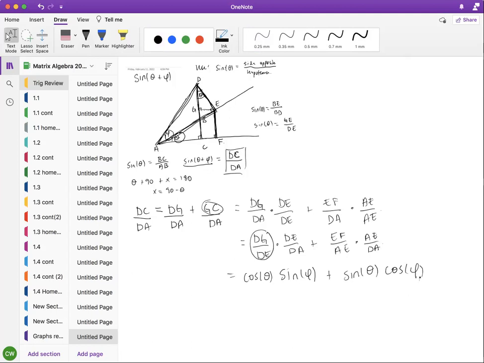So this is all equal to DC over DA, which was the sine of the sum. So now we have an angle formula: sine of theta plus phi equals cosine theta sine phi plus sine theta cosine phi.